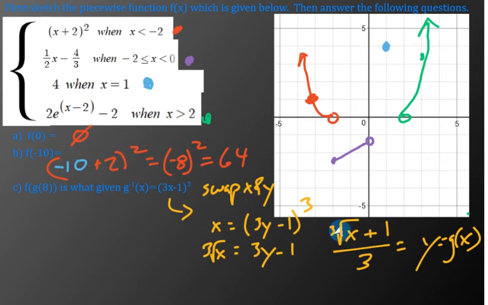So the cube root of 8 is 2, and then 2 plus 1 is 3, right? And 3 divided by 3 is 1. So this is then equal to just f of 1. And you can see it here, f of 1 is 4, right? f of 1 is 4. And so we get 4.